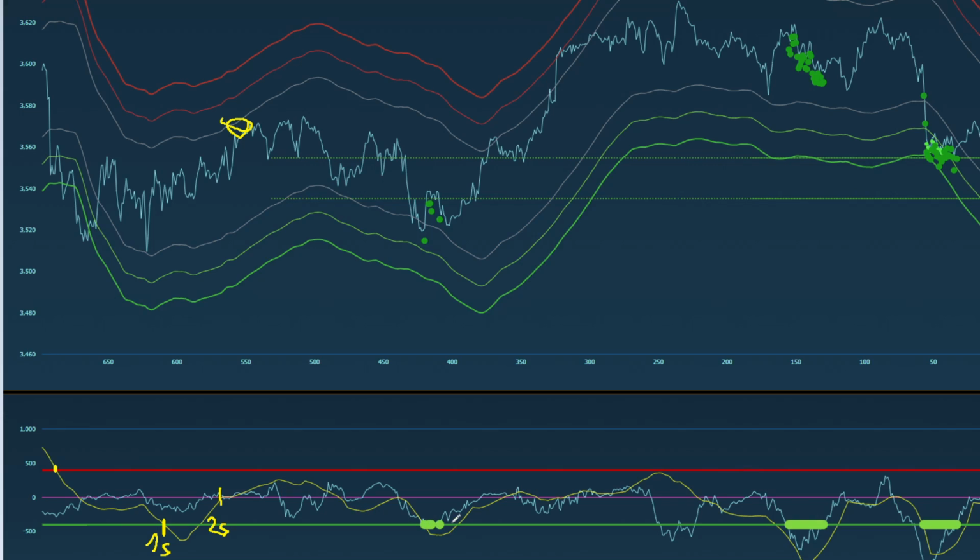Then it's still nothing, right? And here is number 1L. So we know that there's going to be long entry and change in trend, which comes here.